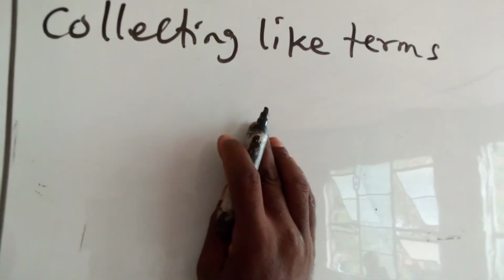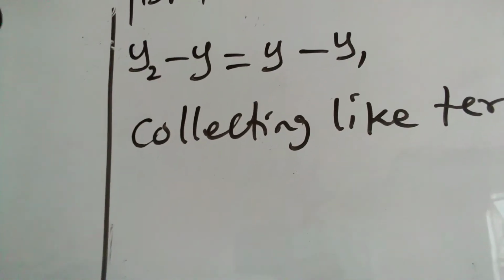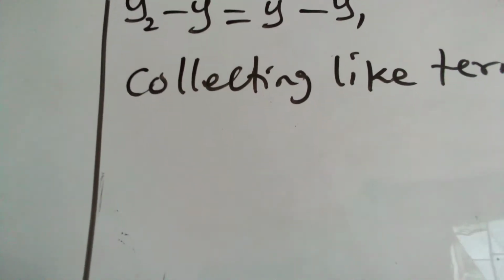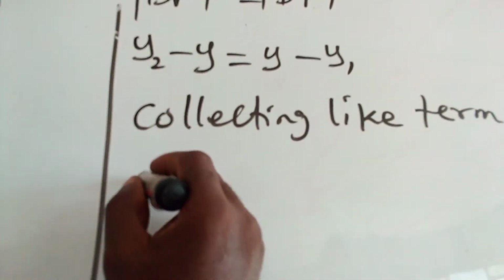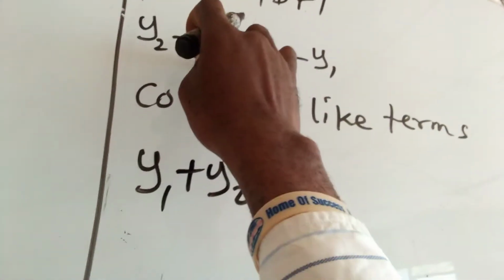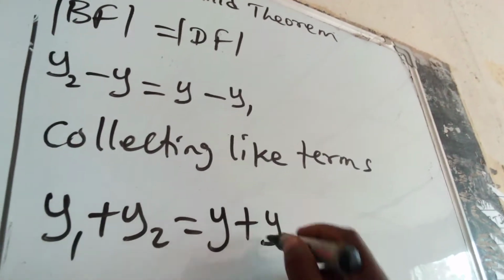So you say collecting like terms again. Those ones that have y1 and y2 will go over to one side. So this one will come over to this side. You have y1 plus y2. Then this minus y will come over to this side. It will give you y.